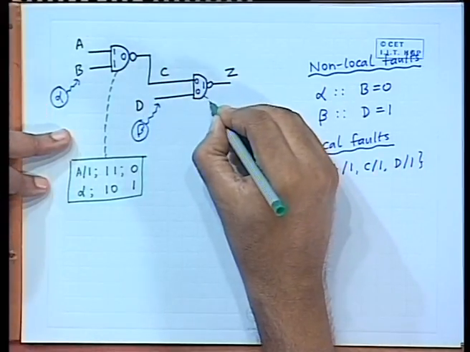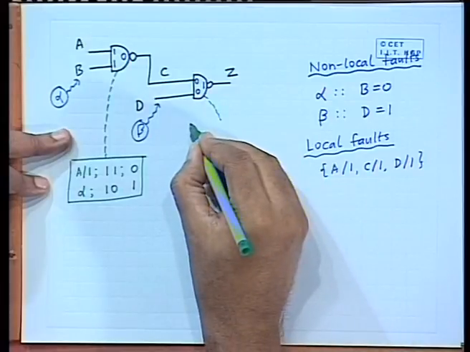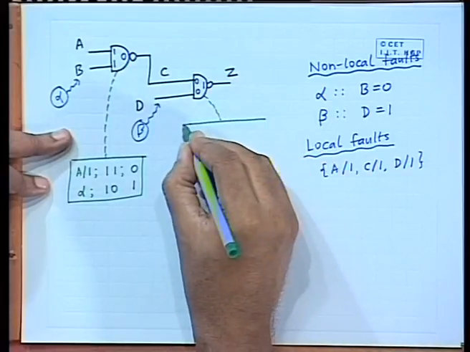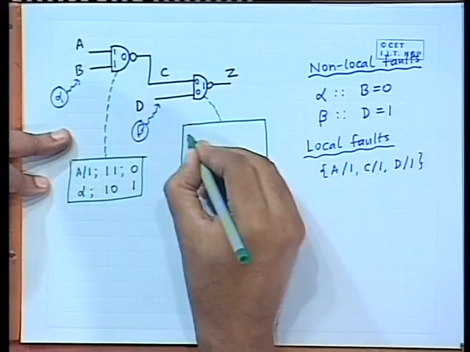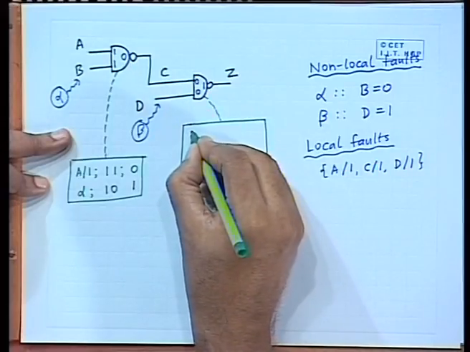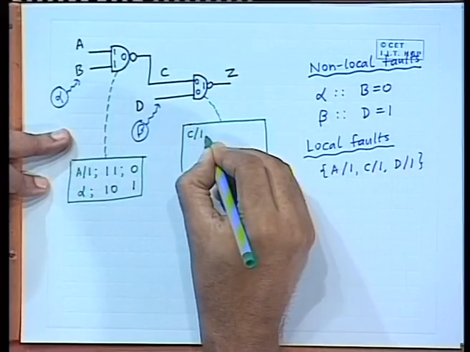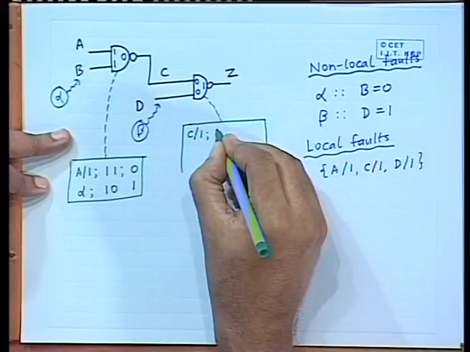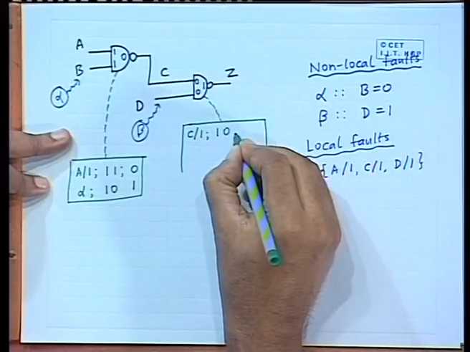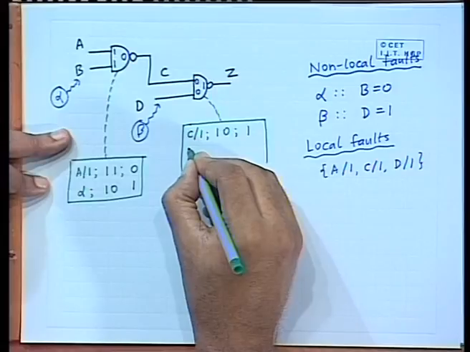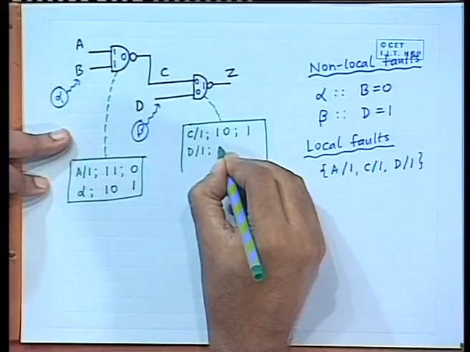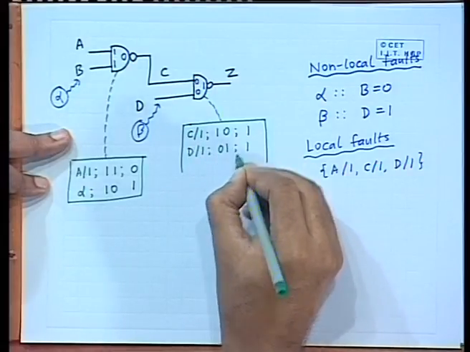Similarly, the fault list that will be associated with the second gate will look like this. The first local fault will be C stuck at 1, this will make the inputs 1 0, output will be 1. Then D stuck at 1, 0 1 1.